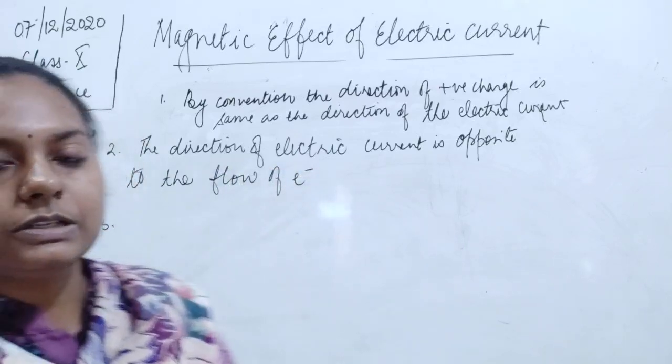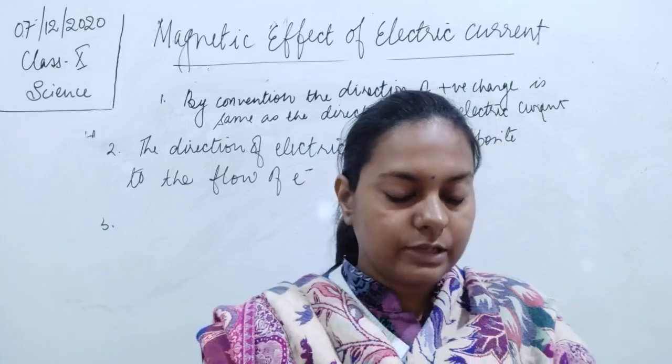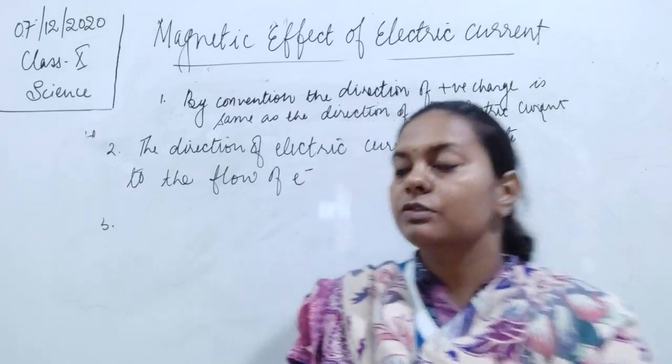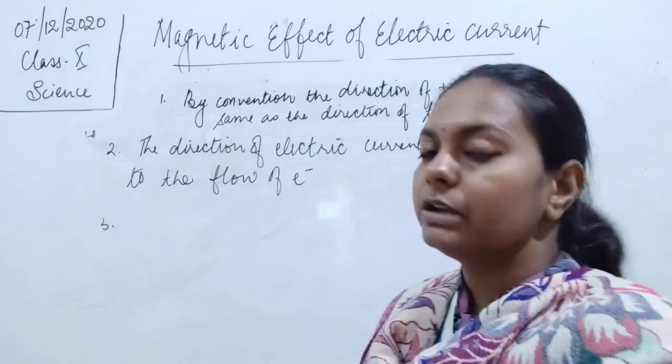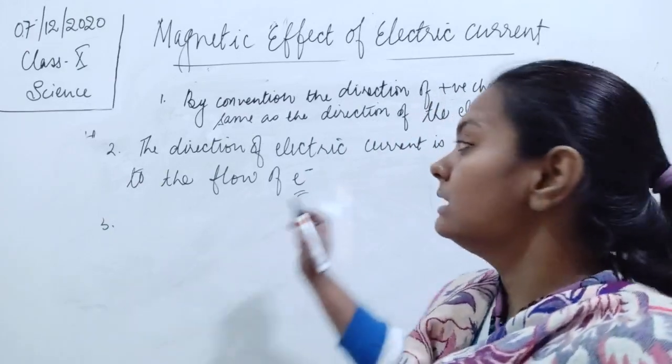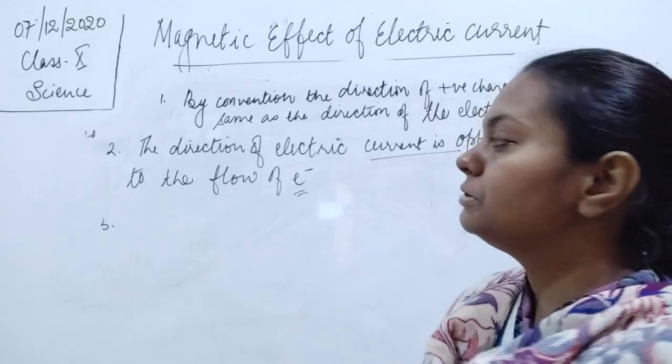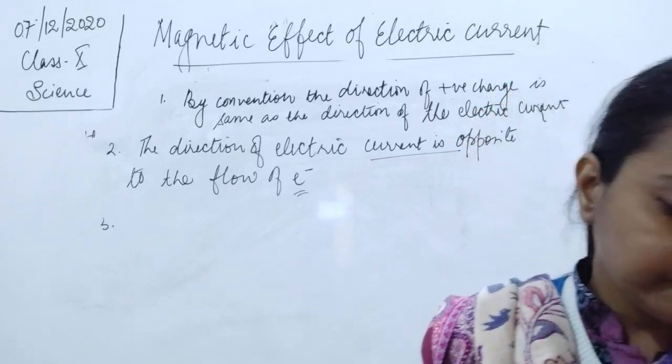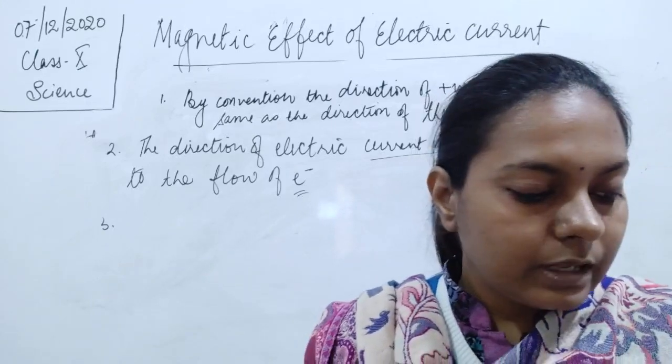Okay, it is opposite to the flow of electrons. Fine. So this could be known जब क्योंकि हम जानते हैं जो electrons होते हैं these are negatively charged particles, but still the flow of electric current is opposite to the flow of electrons.